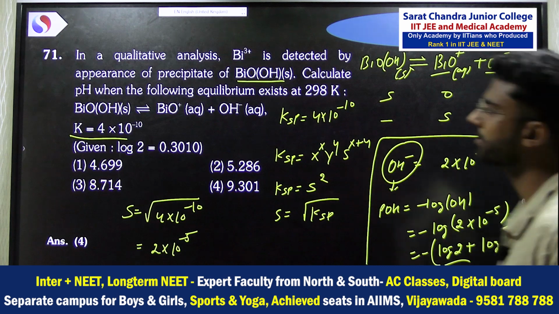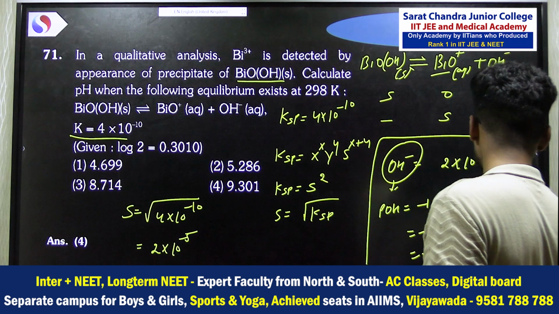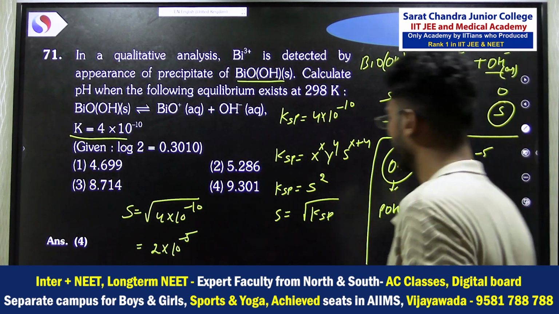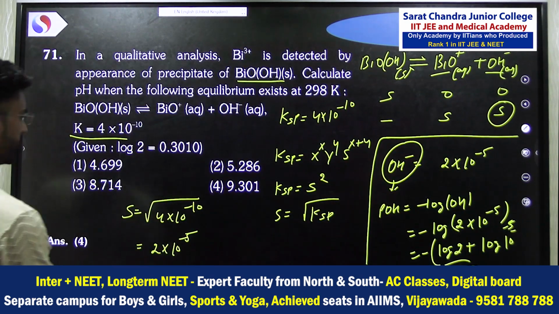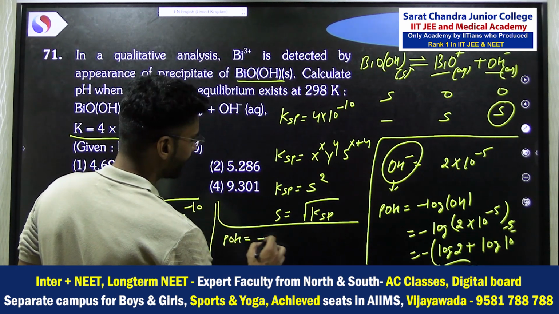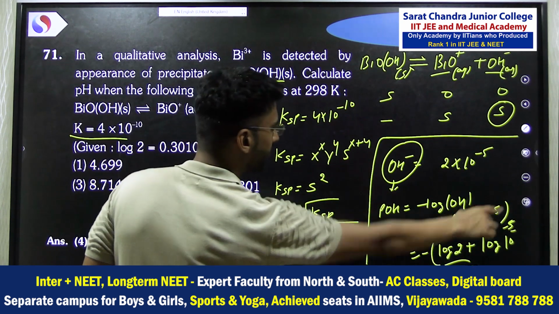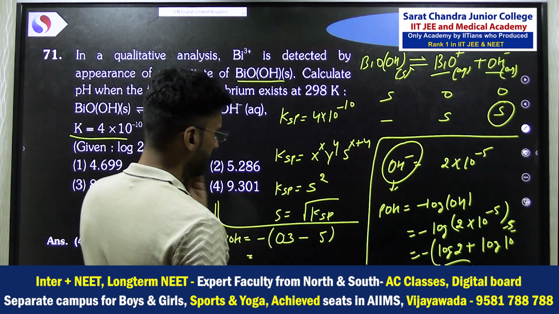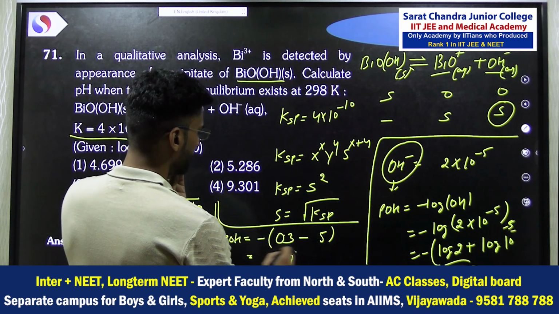So pOH is minus of 0.3 minus 5, that is minus and minus plus, so it comes out to be 4.7.